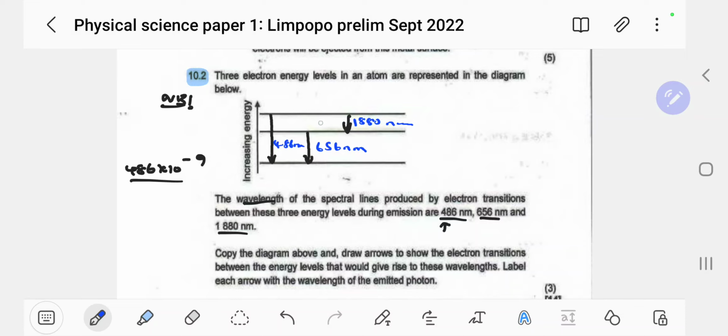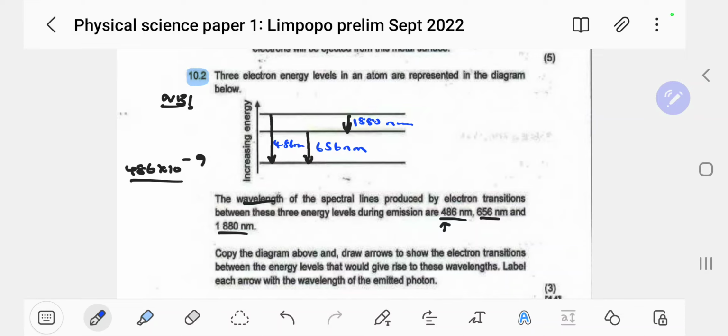This is the smallest difference in energy. That means a very long wavelength over there, and then here this is a slightly bigger difference, so that means definitely a much shorter wavelength, or should we say a much higher frequency, and this is the highest frequency.